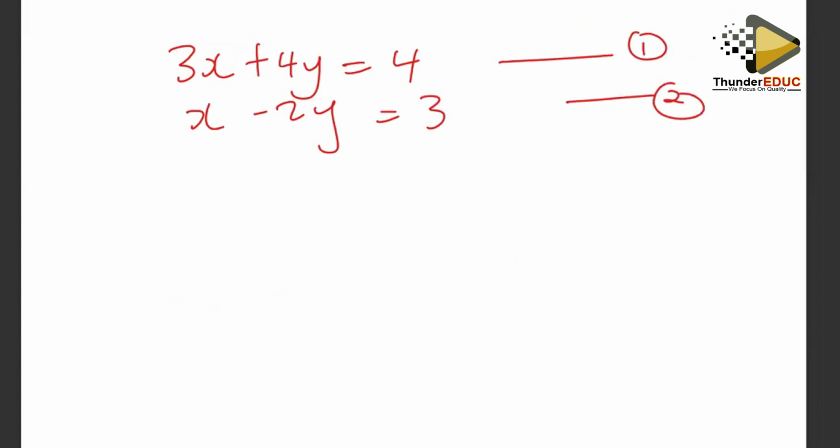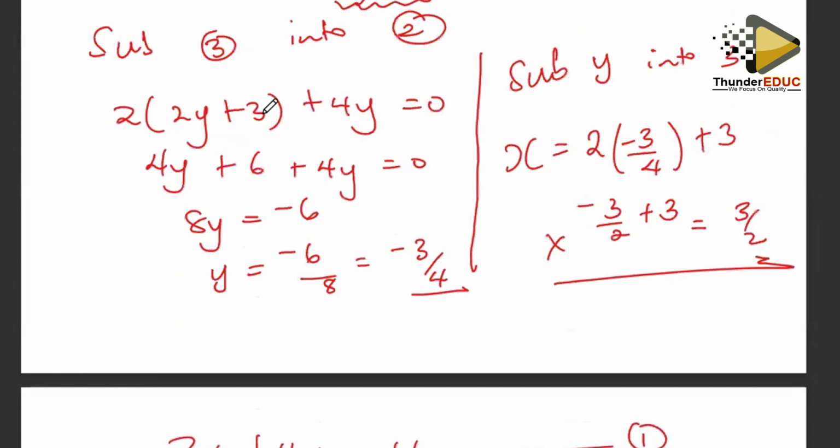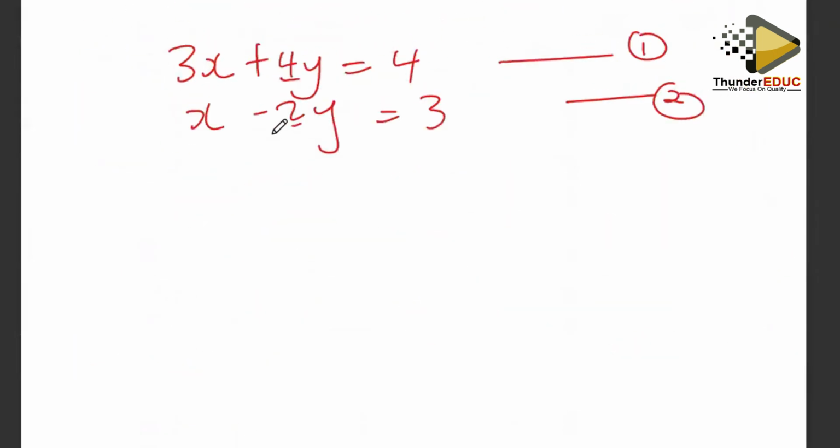So if we want to eliminate, let's say in this case, let's try to eliminate y. Let's create similarity within the y. So this is a 4, and this is a 2. But the signs are different. In the previous question, we saw that the signs were the same, so we subtracted.